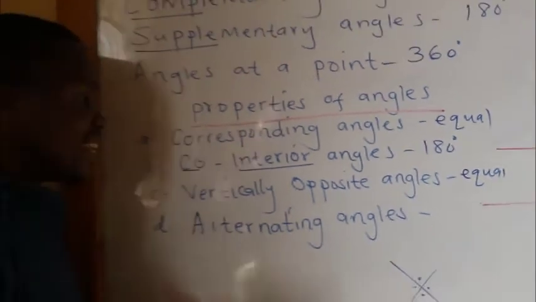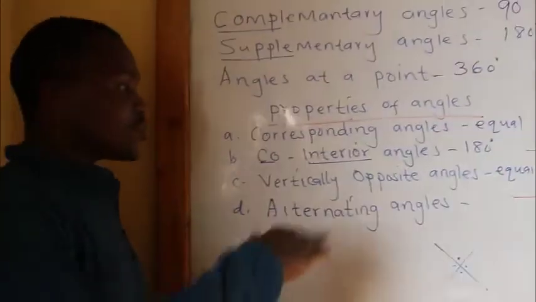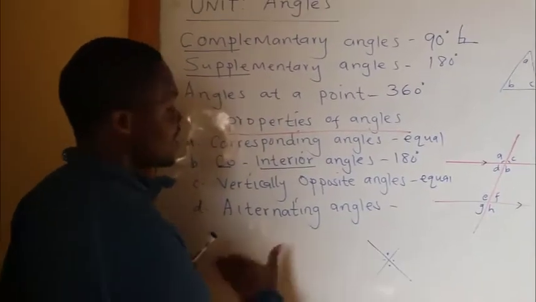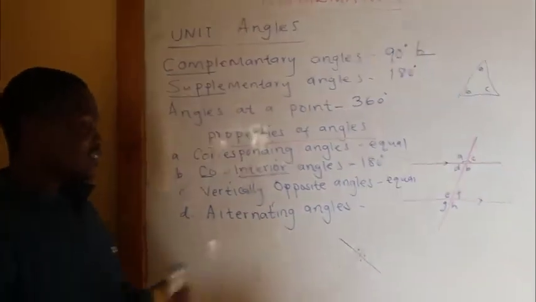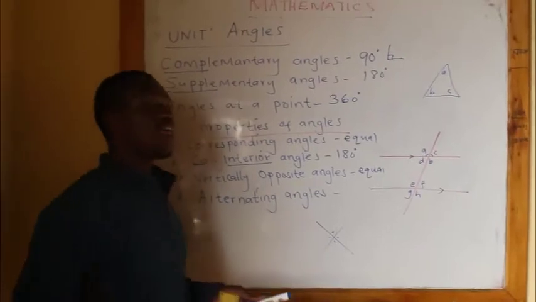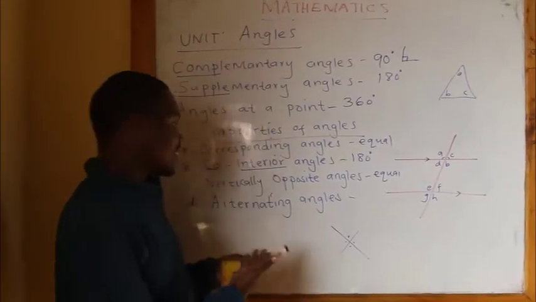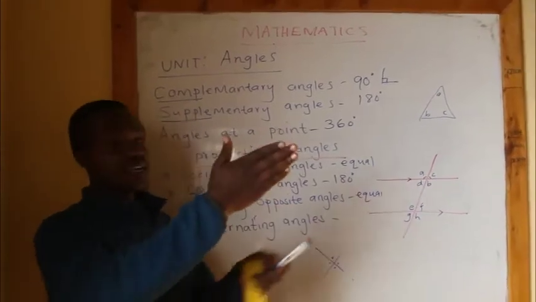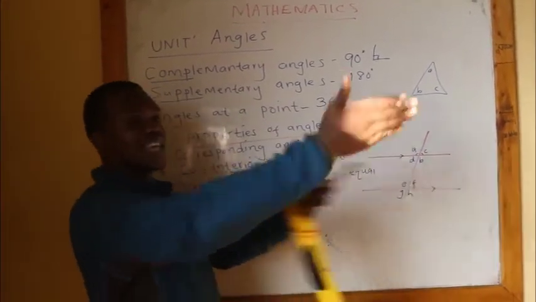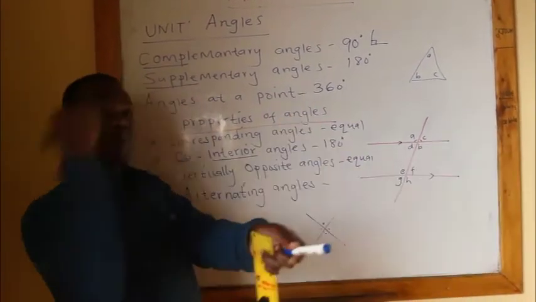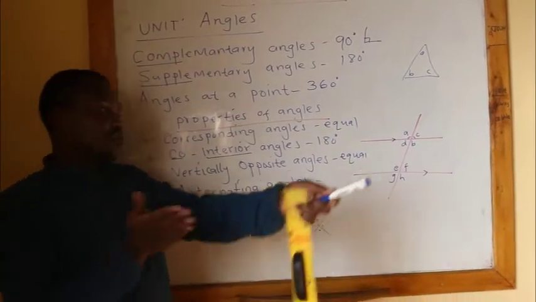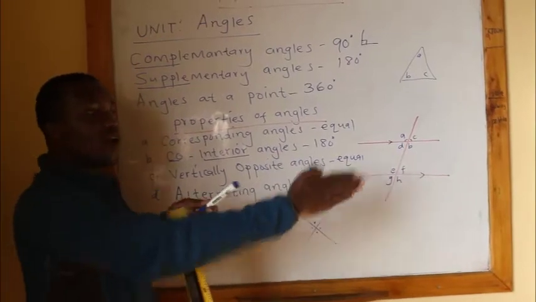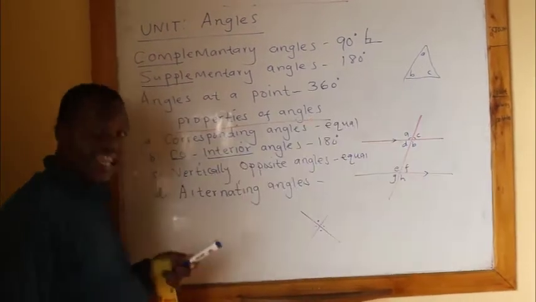Lastly, we have alternating angles. These angles do alternate. You know, in a game like volleyball, we have the alternating style which is used to play volleyball. I think they do alternating. Alternation means if one particular person moves to the other side, then the alternating person will move to the position to make sure that they are not on a straight line, but almost on the opposite sides of the lane.